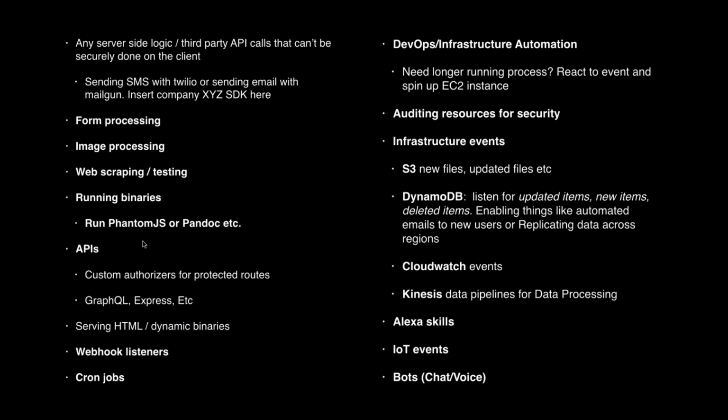Some of the interesting things you can do there is set up a custom authorizer API endpoint with a custom authorizer function, so you can authorize protected API routes. If you are running a SaaS, or you have an API that you only want certain people to access, you can validate that request before it actually triggers your Lambda function.